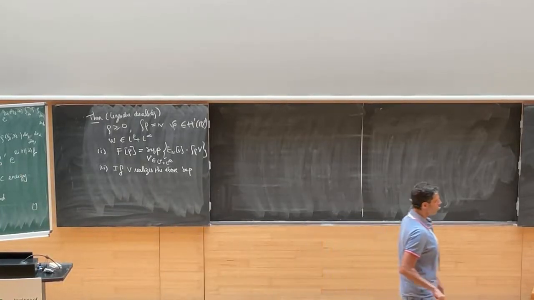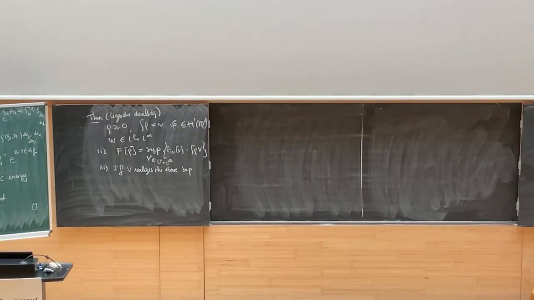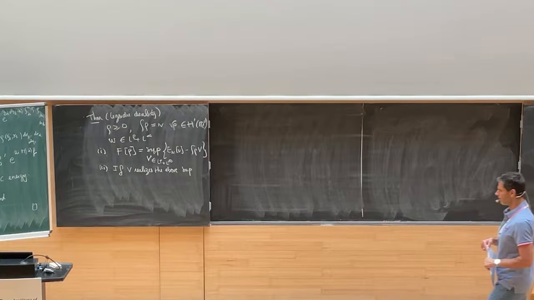It's only in dimension 2, right? In dimension 1, I told you p is 1, in dimension 3, it's the other 2. So then it's fixed. In dimension 2, somehow you can take any p strictly bigger than 1, and then it could be different for W and V, but let's not worry. Take the same.